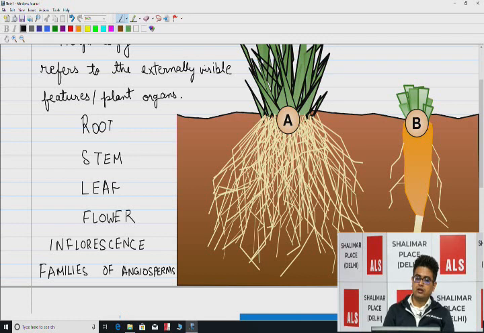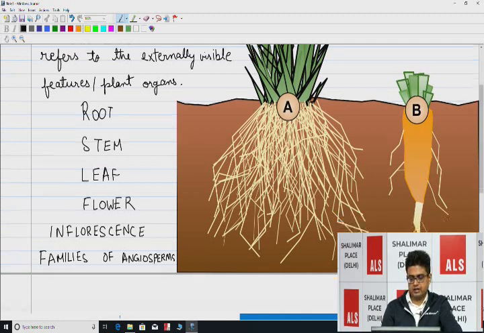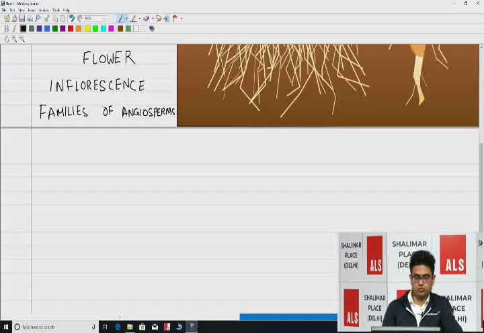All this we are going to study one by one. So let's start with root. Let us start with root, and carrying on after root, we will move on to the stem, the leaf, and the flower. Alright, so let's start from root.